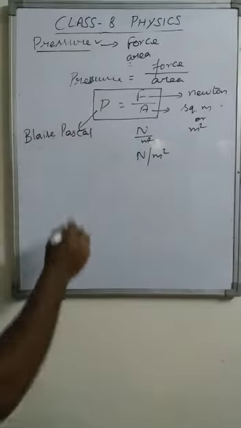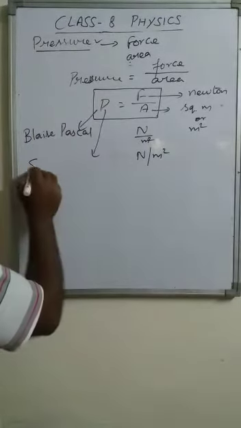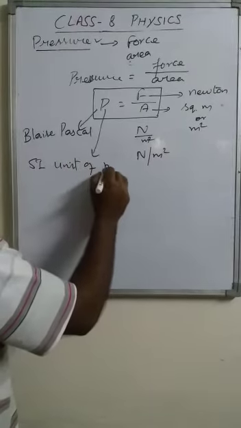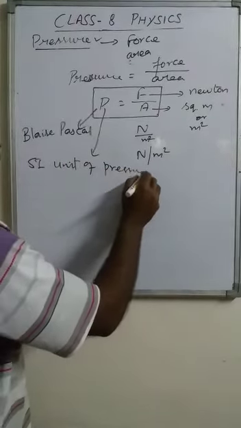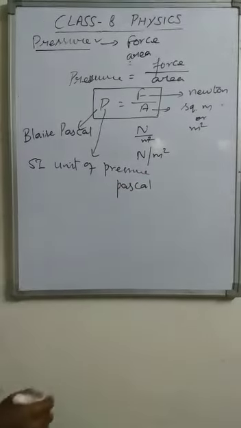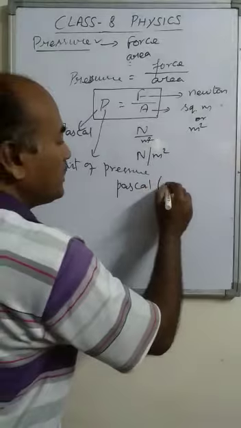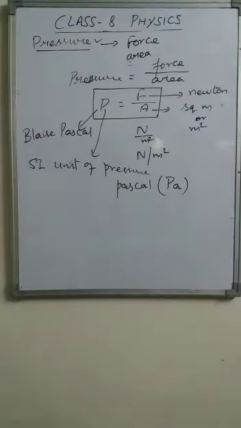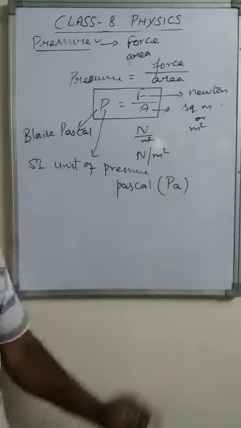In the name of the scientist, the unit of pressure is given, that the SI unit of pressure is Pascal. Symbolically it is written as capital P, small letter a, that is Pa. That is the SI unit of pressure.